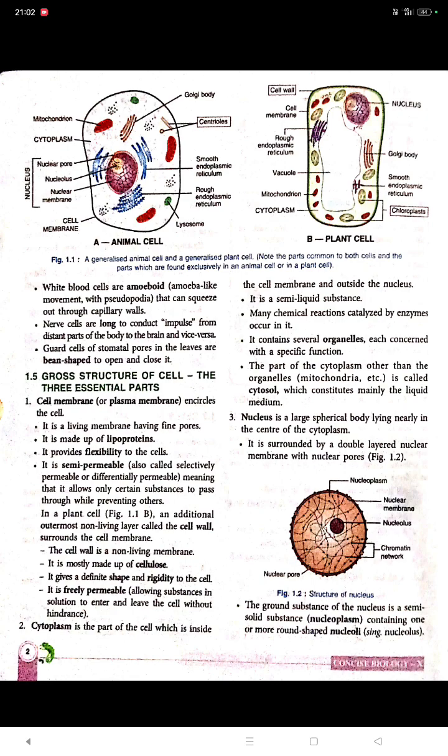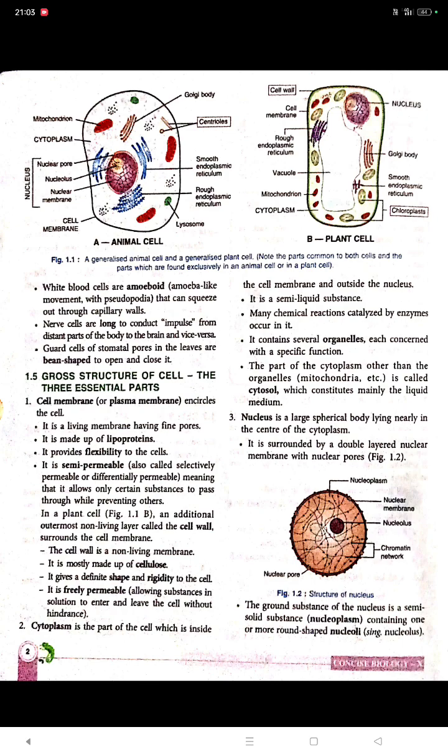Next, cytoplasm. Cytoplasm is the part of the cell which is inside the cell membrane and outside the nucleus. It is a semi-liquid substance. It is present all over the cell, and it is a major part of a cell. It contains several organelles. What are the organelles?